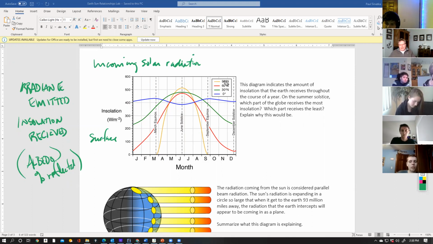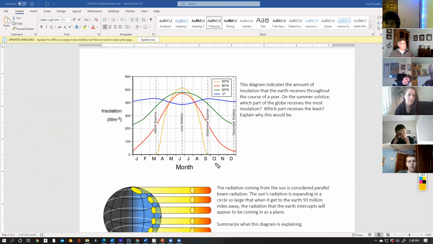So when I look at 90 degrees north, now I'm going to tell you something about this one. Notice it goes so high. But then it drops to 0, which would make sense because after you get to the equinoxes, how long is the length of day? There is no day.